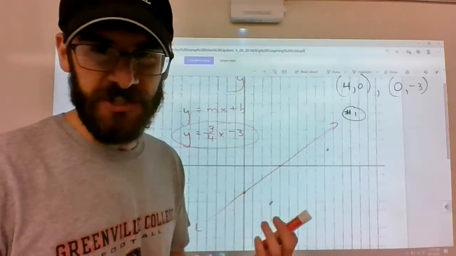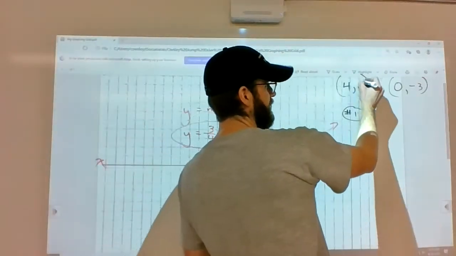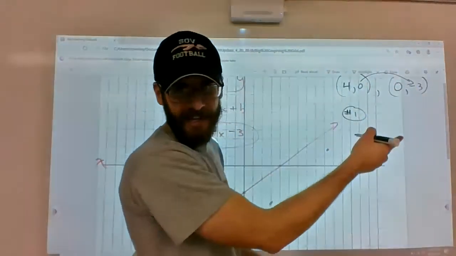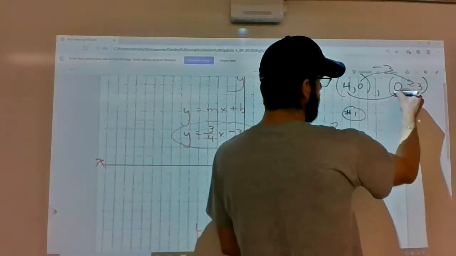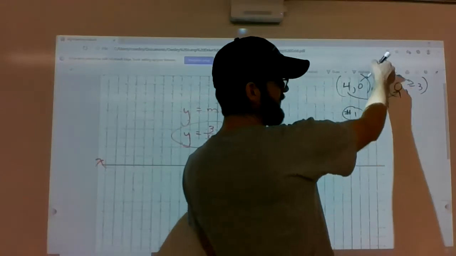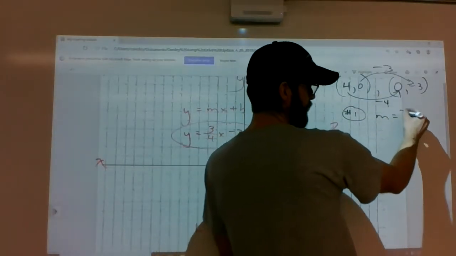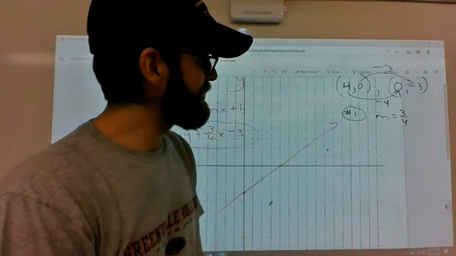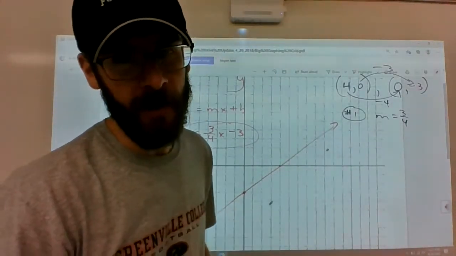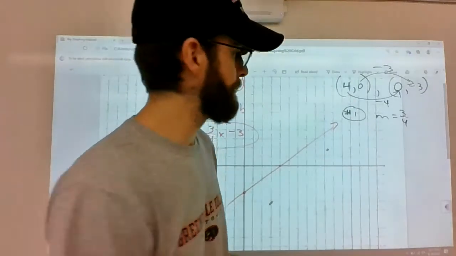It's just a matter of counting. Like, how do you get from 0 to -3? I subtract 3. How do you get from 4 to 0? I subtract 4. Okay, -3 over -4, which is positive 3/4. Sometimes some students just think it's a little bit quicker that way, besides plugging numbers into a formula.